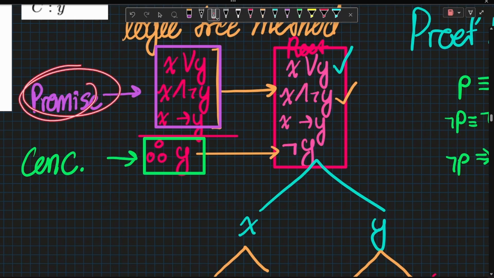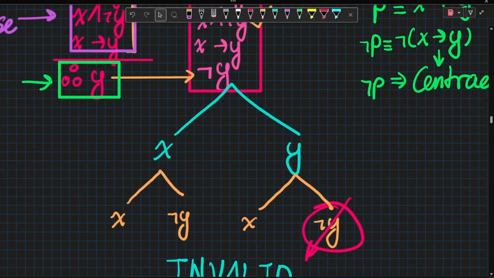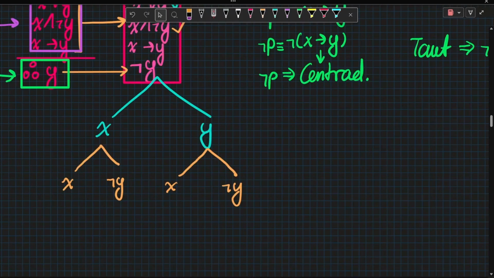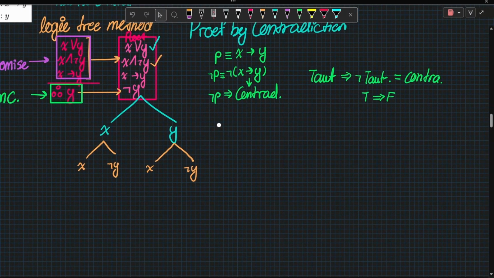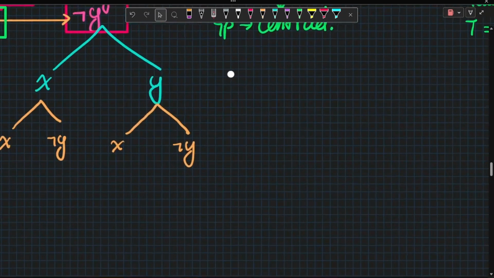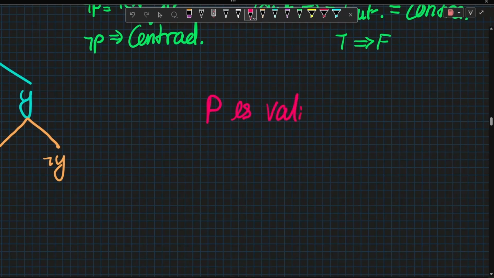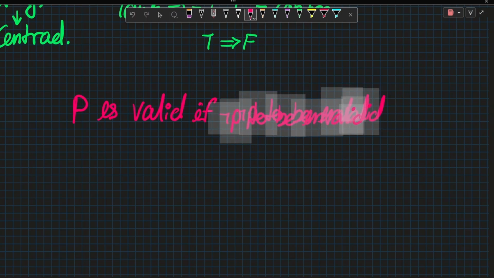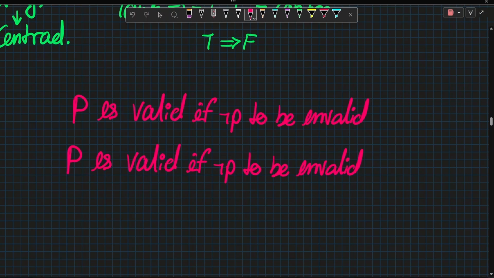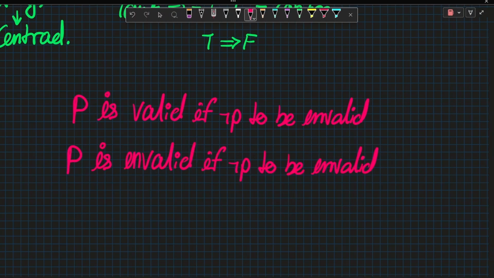Given this setup, we find an argument to be valid if its negated argument is invalid. If P is valid, not P is invalid. Because if not P is invalid, that means our original statement was valid. And the reverse also: P is invalid if not P is valid.